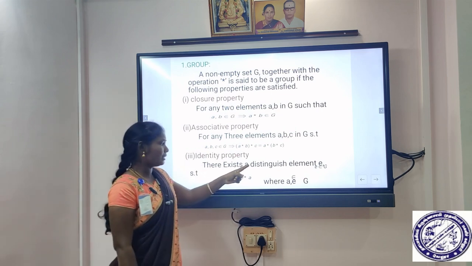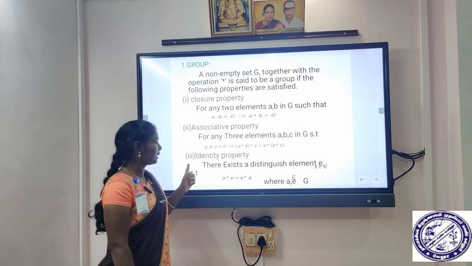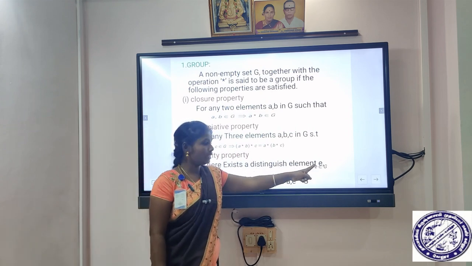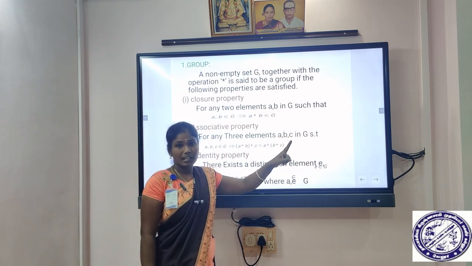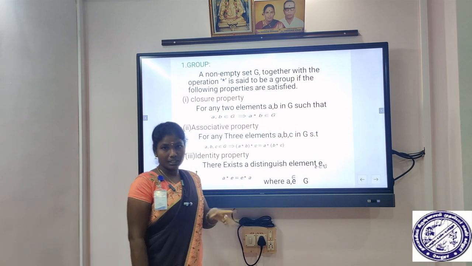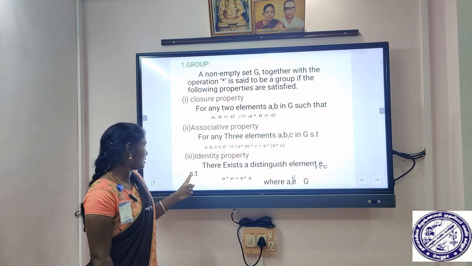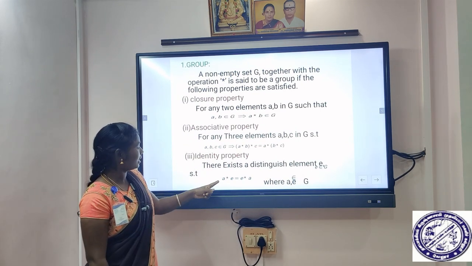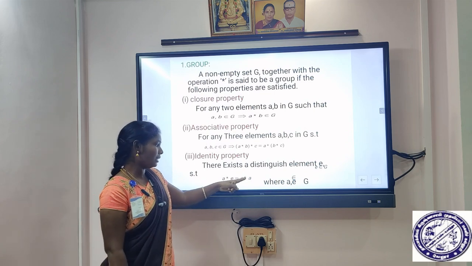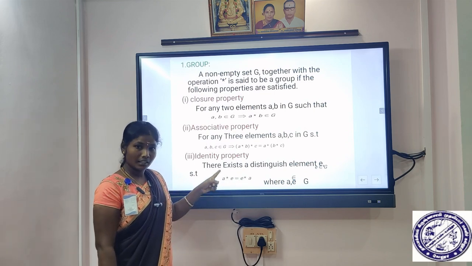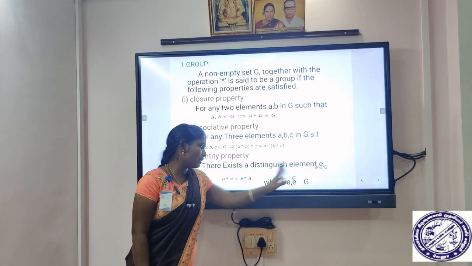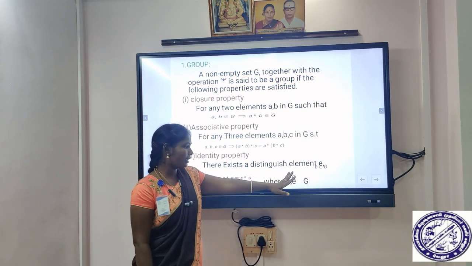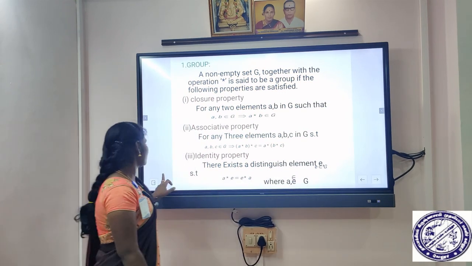There exists a distinguished element e belongs to G. e is nothing but the identity element with respect to the binary operation, such that a star e equals e star a, where a is an element in the given set G and a, e belong to G.